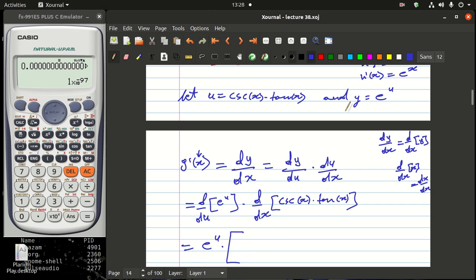And now here, I want you to notice something, that I have a function here, I have another function there, so I have a product of two functions, so I'm going to use the product rule because it's a multiplication of two functions.